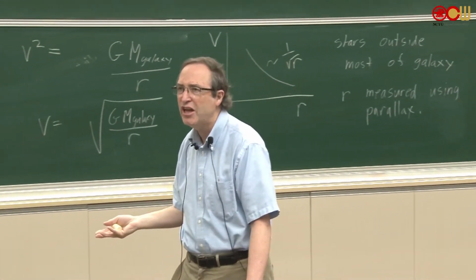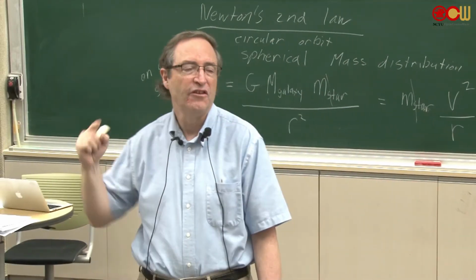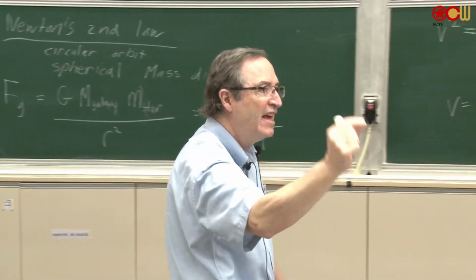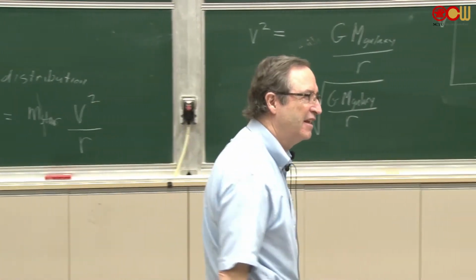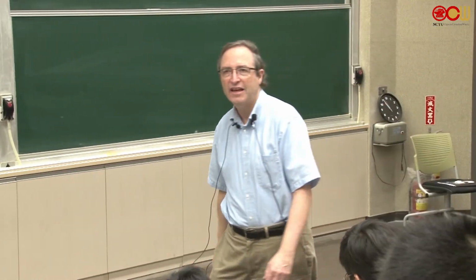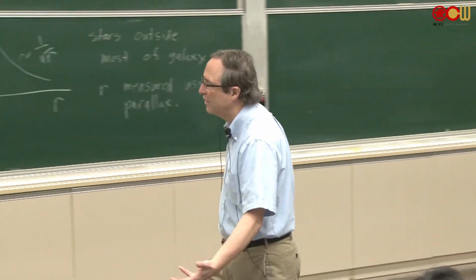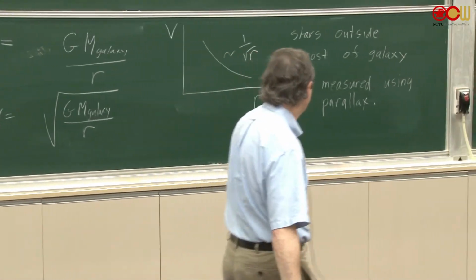And using some geometry, that'll tell you how far away it is. The further it is away, the less its change in position in the sky. This is geometry. If you take an astronomy course or look up parallax on the web, it'll show you how to do that.